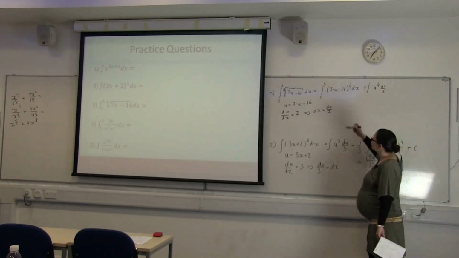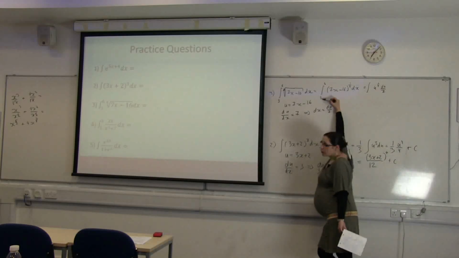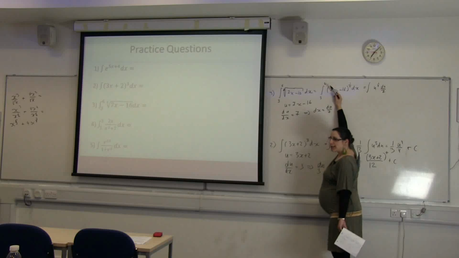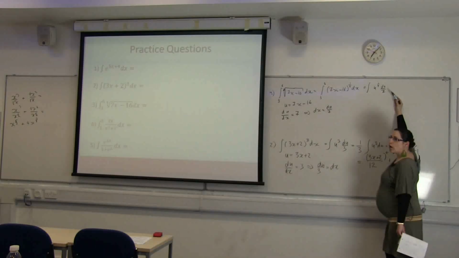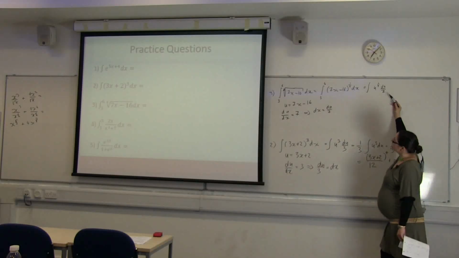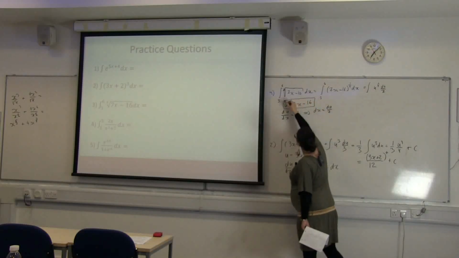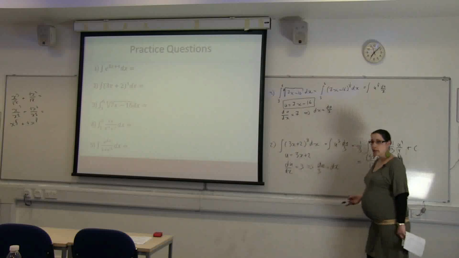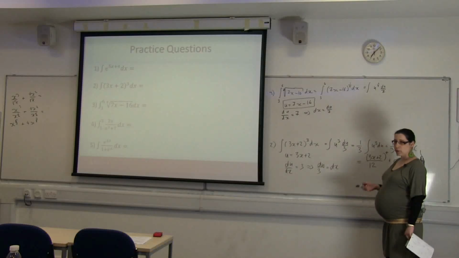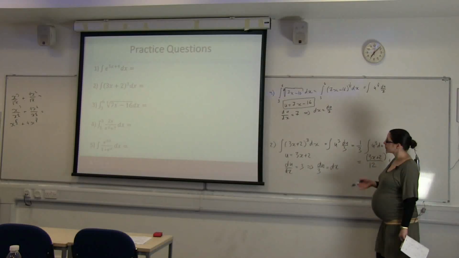So that means this is x going from 3 to 6, but now I need u going from what to what? So I need to use what I introduced and calculate the new limits of the integral, because I have now got a different variable.